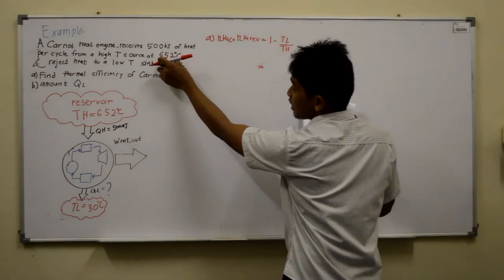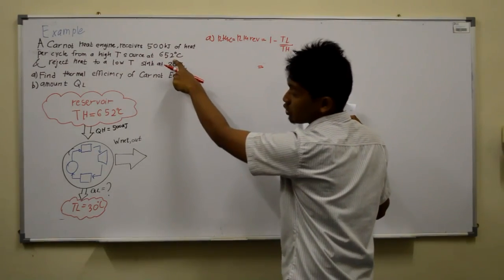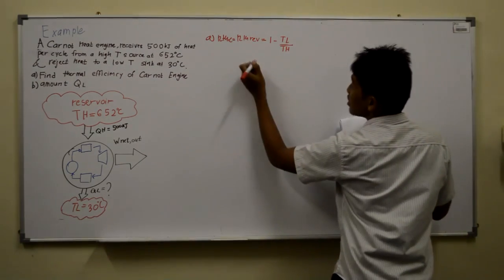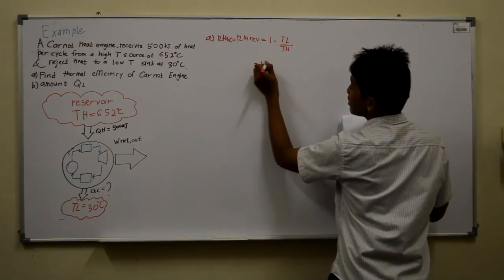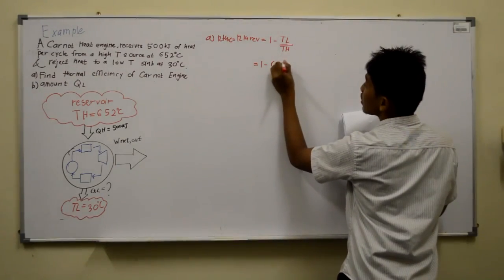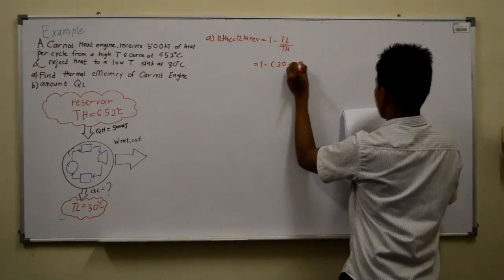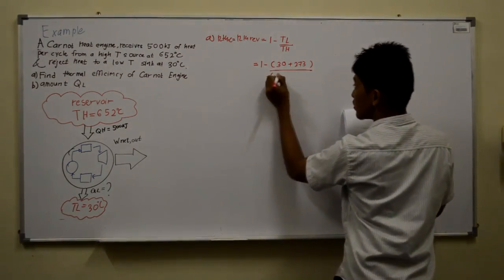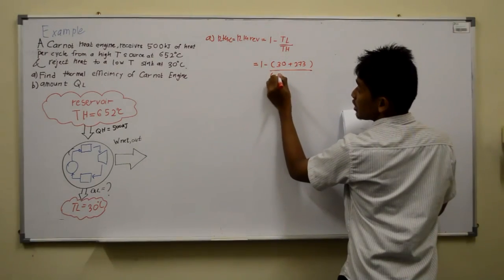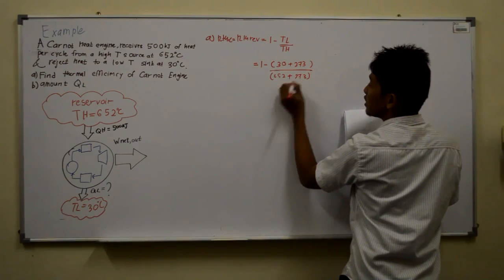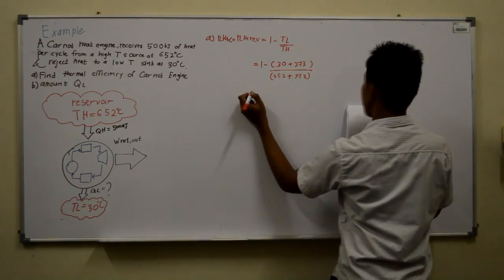The question gives the temperature in Celsius, but we need to convert it into Kelvin because it is the SI unit. So just enter the values: 652 plus 273 and 30 plus 273, converting them into Kelvin.